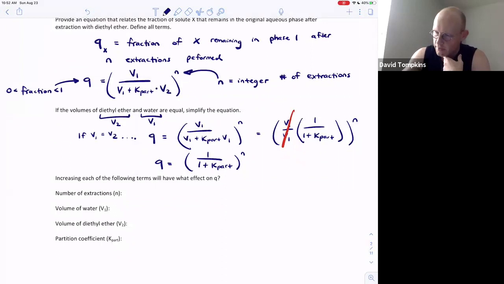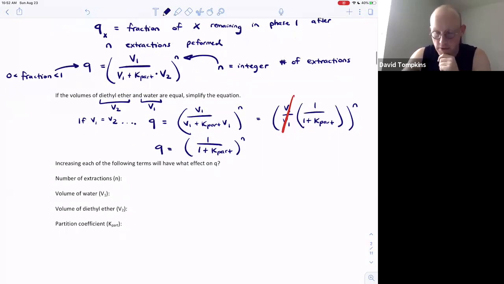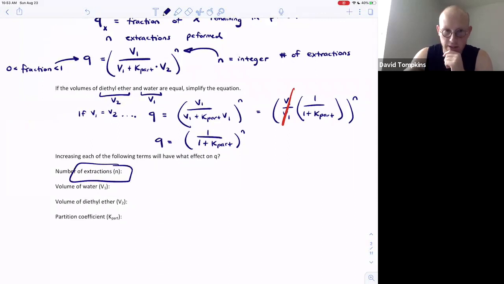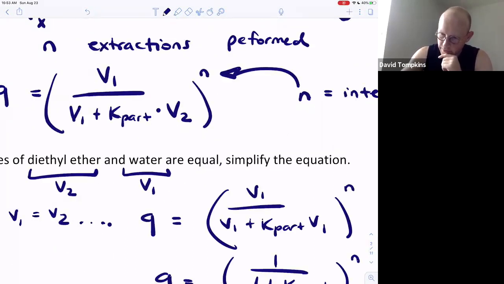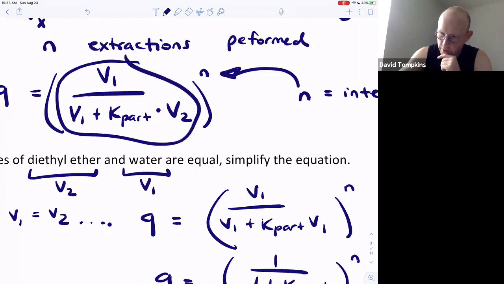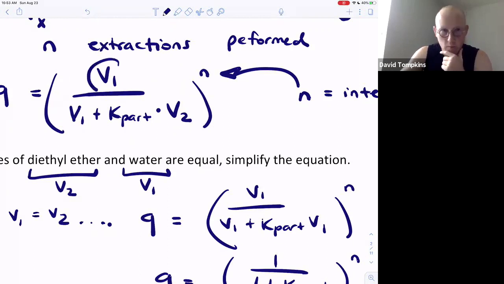So let's think about how this general equation for Q, or the fraction of X remaining in the original phase, depends on a few of these variables. First of all, it depends on the number of extractions n. Okay, so what you'll see is that this is always a fraction here because it's volume 1 over that same amount plus something.